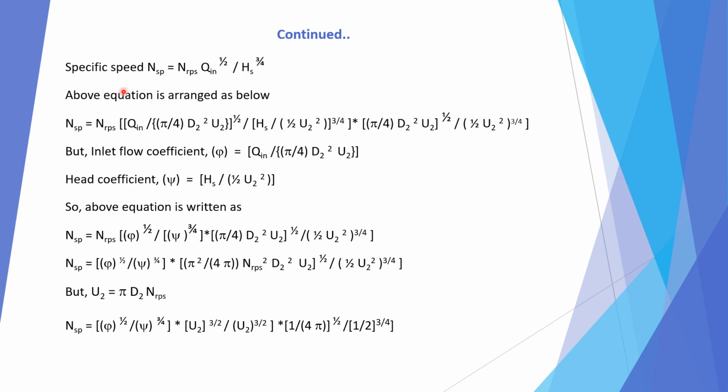Now specific speed NSP is equal to N RPS into Q to the power half upon HS to the power 3 by 4. Now let us rearrange. So NSP is equal to N RPS into (Q upon pi by 4 D2 square into U2) to the power half divided by (HS upon half into U2 square) to the power 3 by 4.